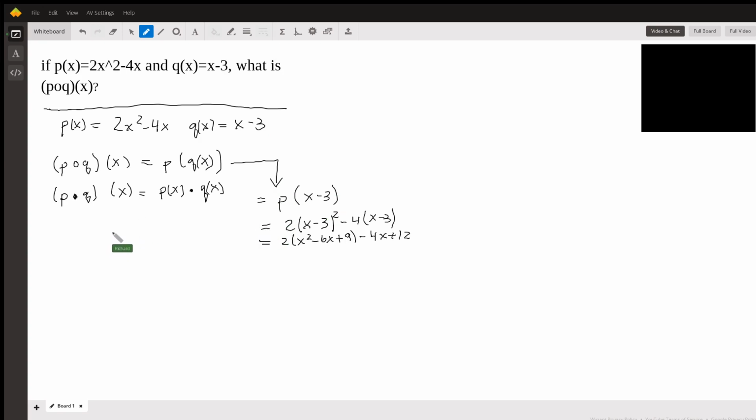So this is going to be 2x squared. Then negative 12x minus 4x is negative 16x. And then 18 plus 12. 18 plus 12 is 30. So that would be your answer.